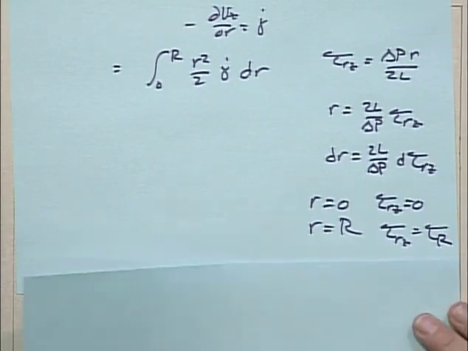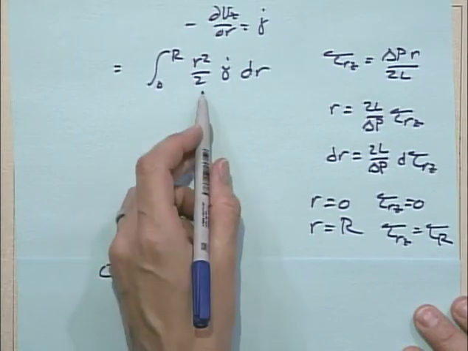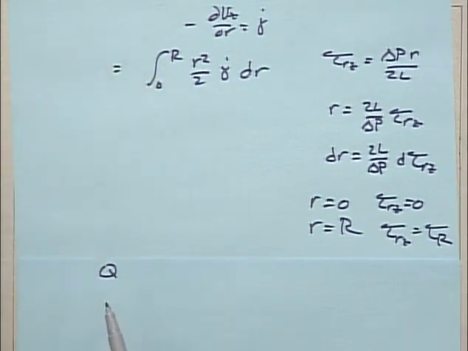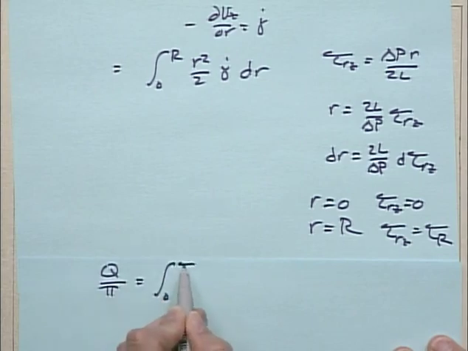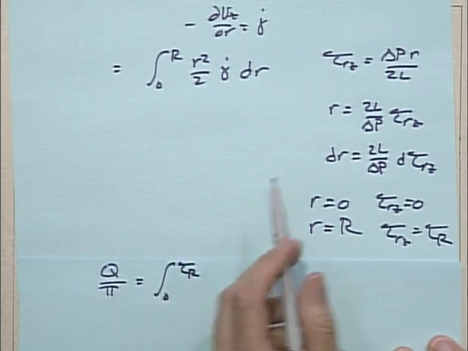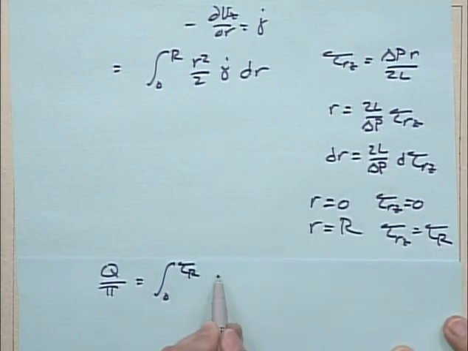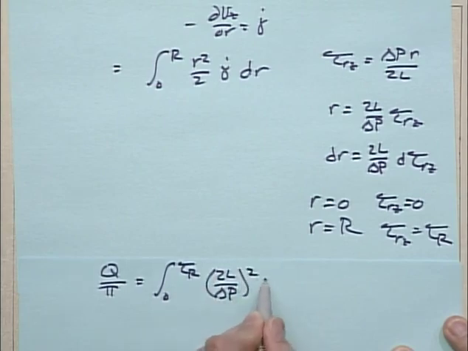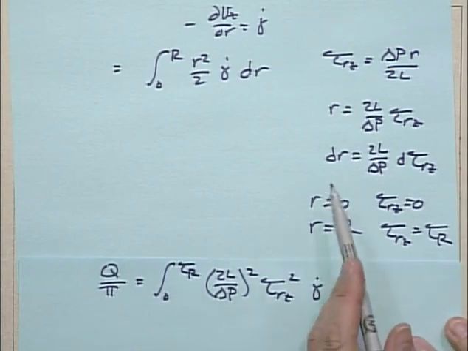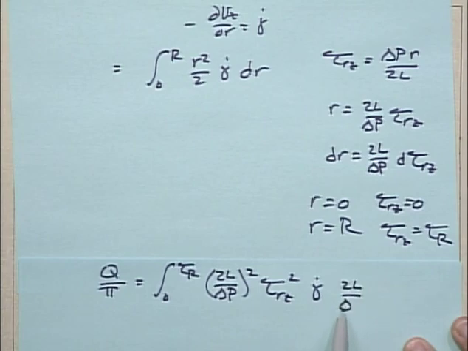All right, substituting all those things together. Q. Let me put this 2 over on the other side as well. Q over pi equals the integral from 0 to tau R of r squared, which is 2L over delta P squared tau rz squared, gamma dot, dr is 2L over delta P d tau rz.